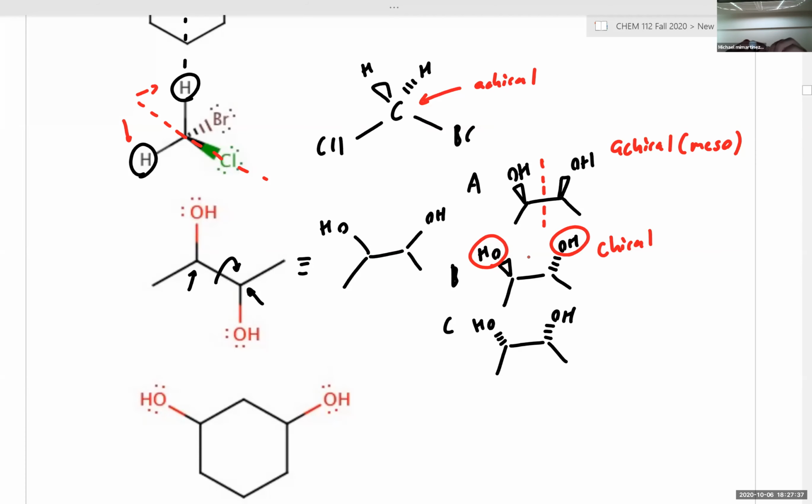Finally, now we can prove this to ourselves. So what I'm going to do is make a model kit of the enantiomer of this structure. This is the way that you can check your work. You can verify that your assignments are correct. So let's make a model of the enantiomer.